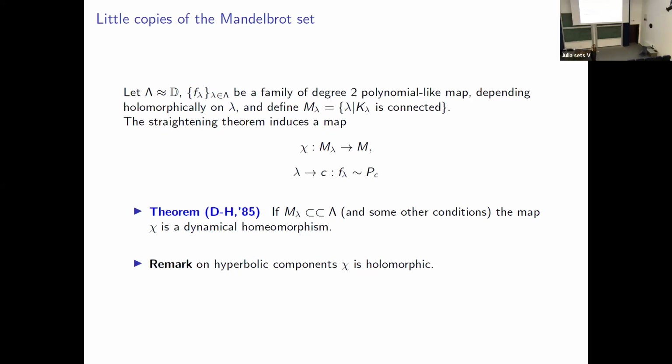Dynamical because each parameter goes to the parameter such that in the dynamical plane we're conjugate. Okay? And a remark that will be very, very important later is that this map is actually holomorphic on hyperbolic components. These are components where we have an attracting cycle.